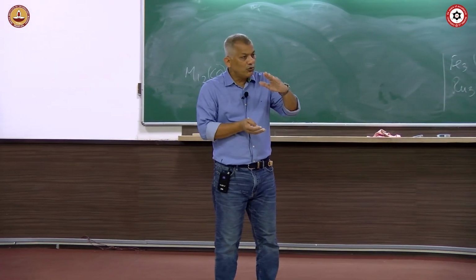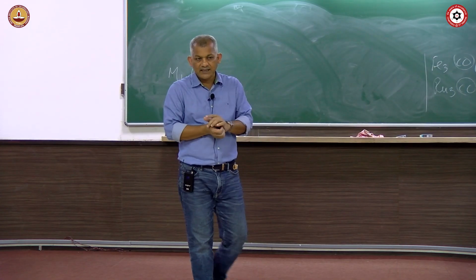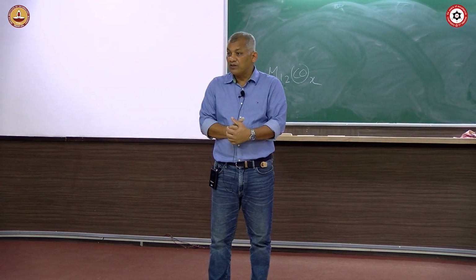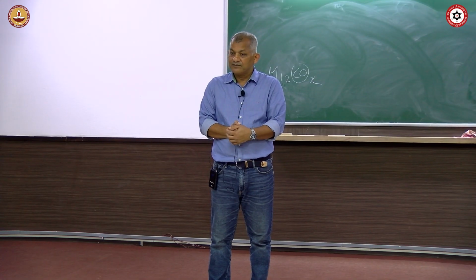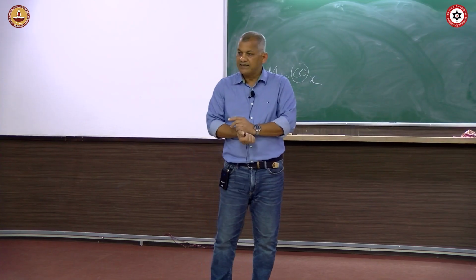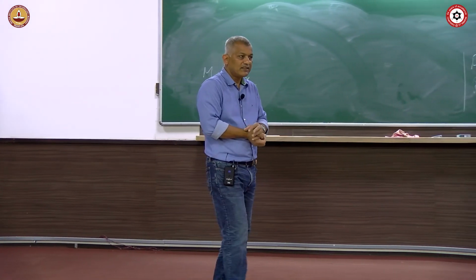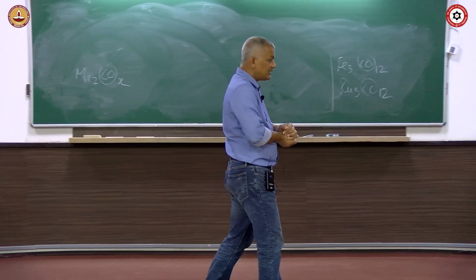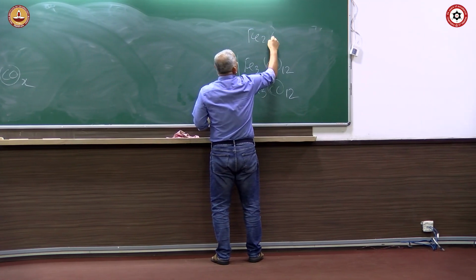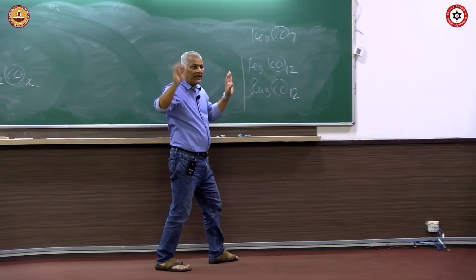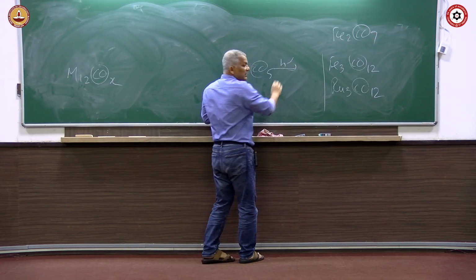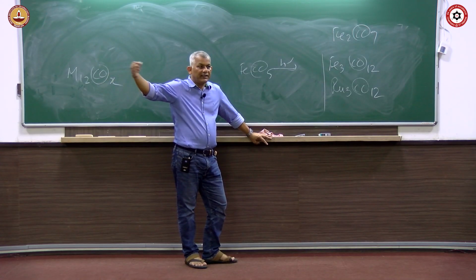If you have a monometallic system, what is the typical electron counting rule? 18 electron. If you have FeCO5, you can simply say 18 electron rule and this molecule is stable. Bimetallic system, Fe2CO9. If you take FeCO5 and put it in the sunlight, you get Fe2CO9.